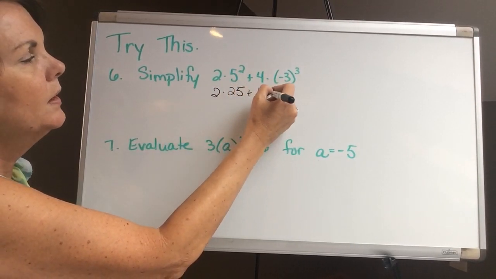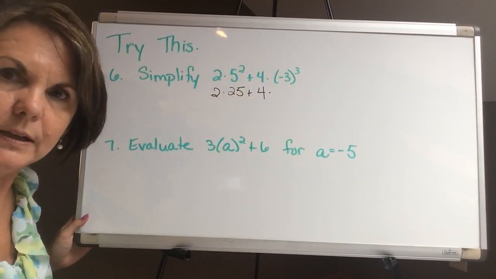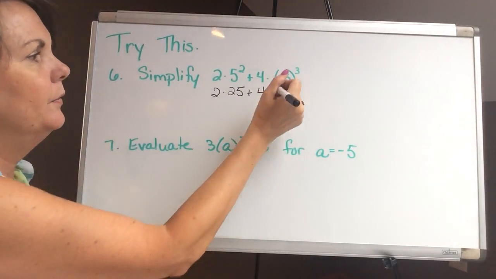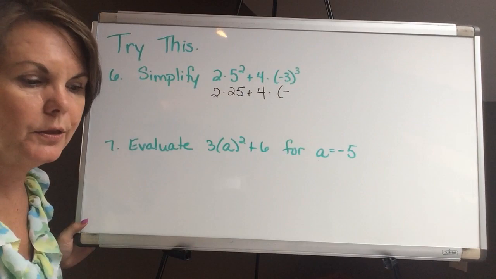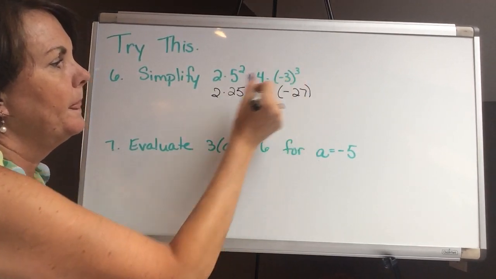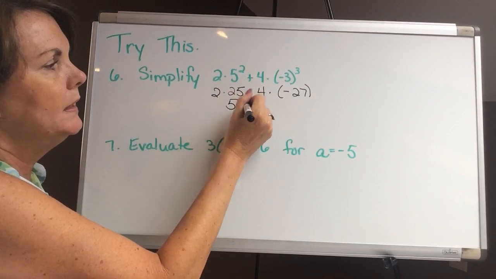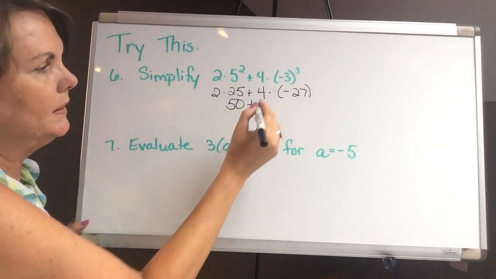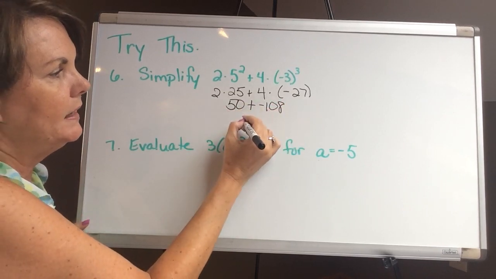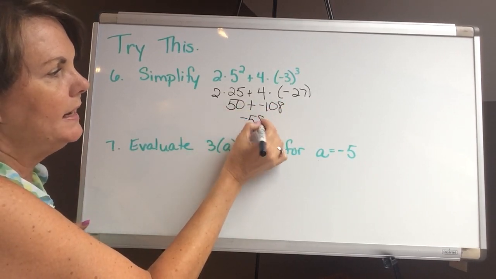Plus 4 times negative 3 to the third power. A negative to an odd exponent is negative. 3 to the third power. 3 times 3 is 9, times 3 is 27. 2 times 25 is 50, plus 4 times negative 27 is negative 108. 50 plus a negative 108 is a negative 58.